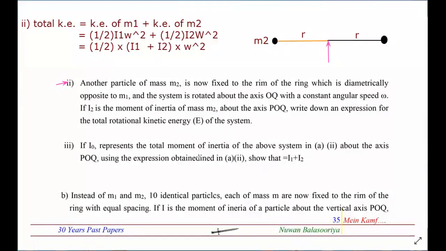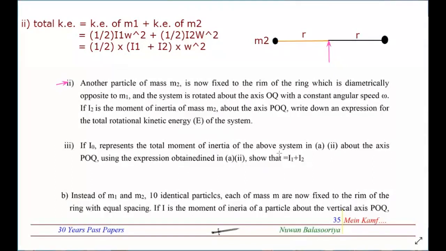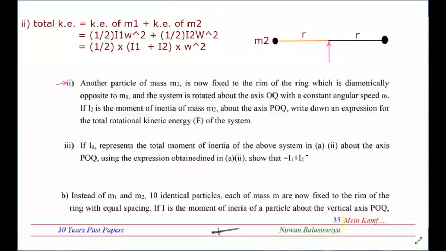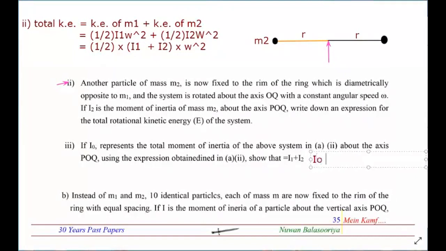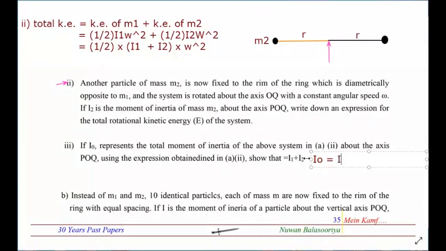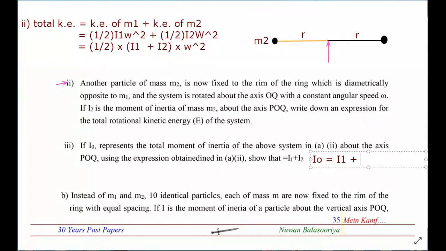Show that I naught equals I1 plus I2. There's a typing mistake there.